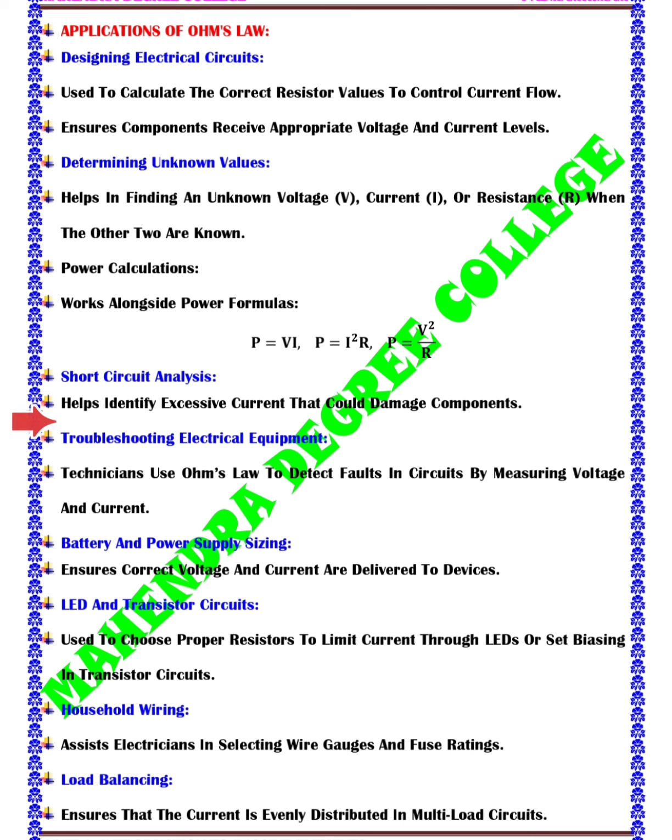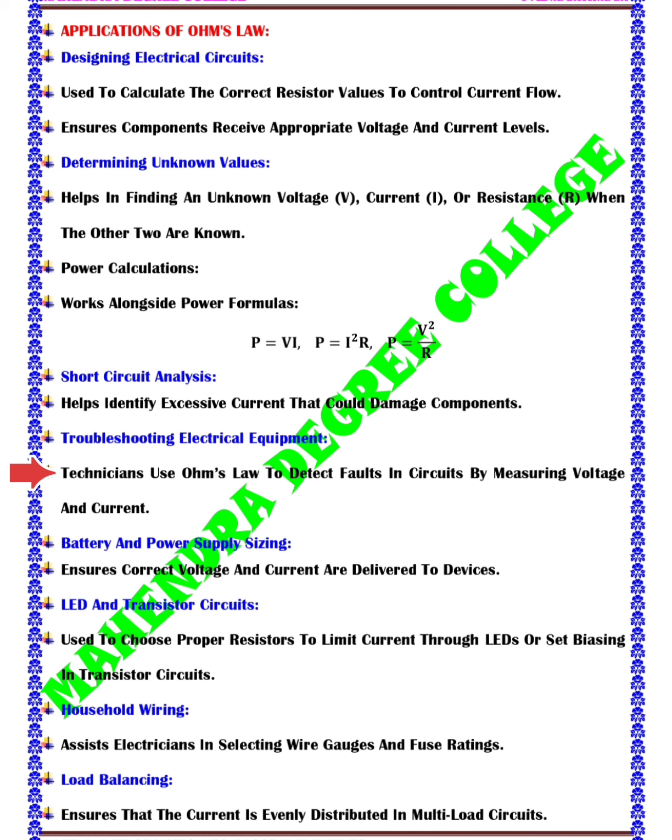Fifth one, troubleshooting electrical equipment. Technicians use Ohm's law to detect faults in circuits by measuring voltage and current. It means Ohm's law V equals IR is a fundamental tool for troubleshooting electrical equipment.